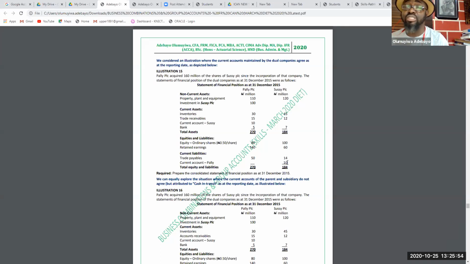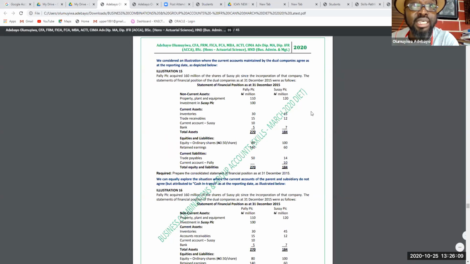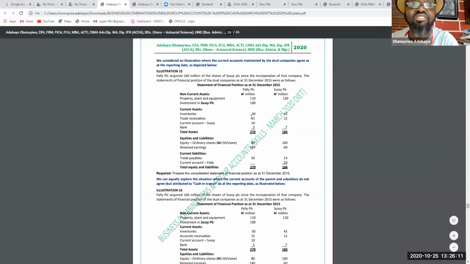Second, as additional information, they will tell you specifically that there are balances between these two parties of so much. The third way is that they will include it in trade receivable. Instead of writing 15, they will write 25 and just put in brackets, included 10. And in trade payable, instead of writing 14, they'll put 24.